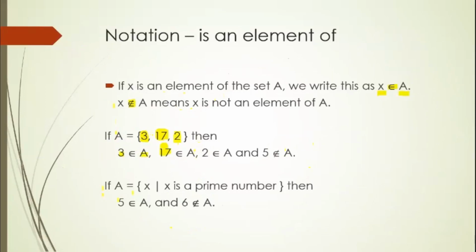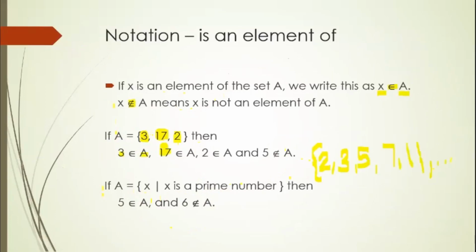Another example here is if set A contains the elements of all x such that x is a prime number, then 5 is an element of A and 6 is not an element of A. So how will we know? We have to list the values first. Examples of prime numbers: 2, 3, 5, 7, 11.